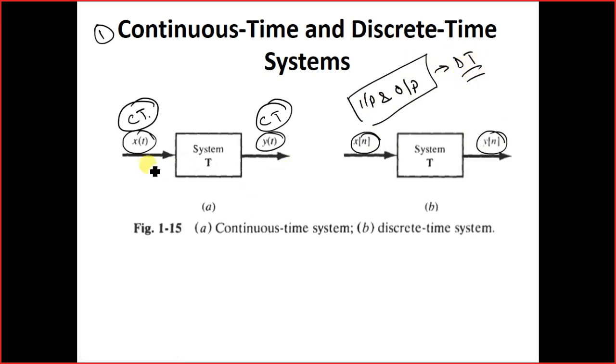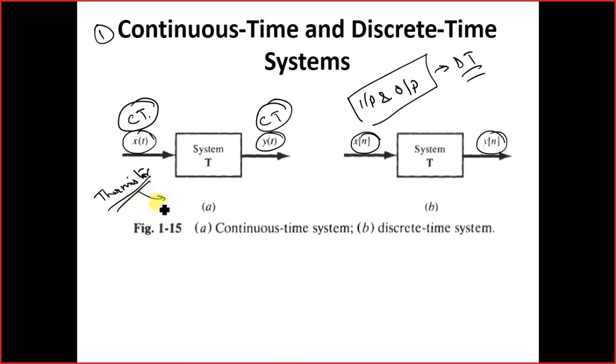Now let us take an example for the continuous time system. One of the simplest examples is the thermistor. The thermistor is an analog sensor, right?